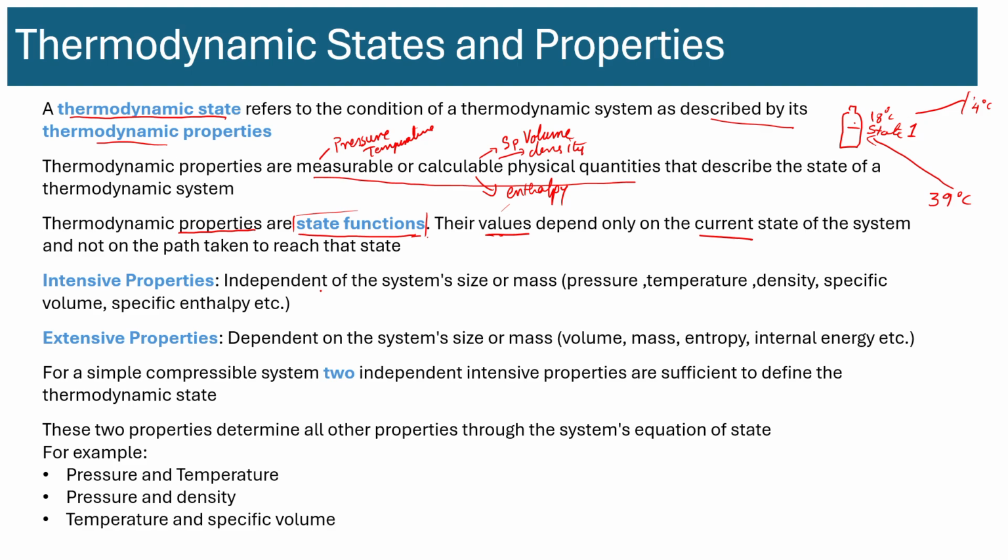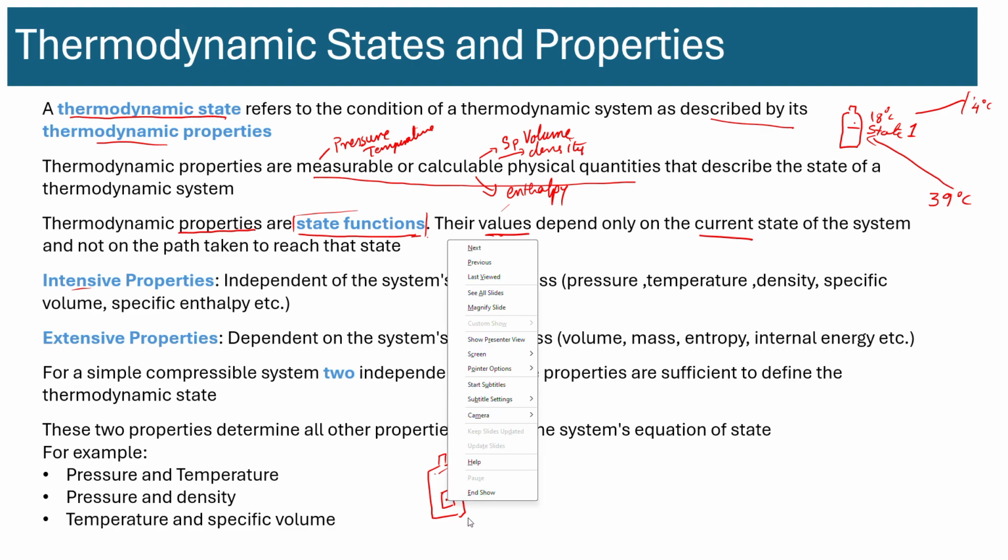Another thing to note about properties is they are classified into different types, and one of the ways to classify them is intensive versus extensive property. Let's look at the bottle of water again. Let's say the whole bottle is at one particular temperature. Then you take a smaller volume inside the bottle and look at the temperature of that smaller volume.